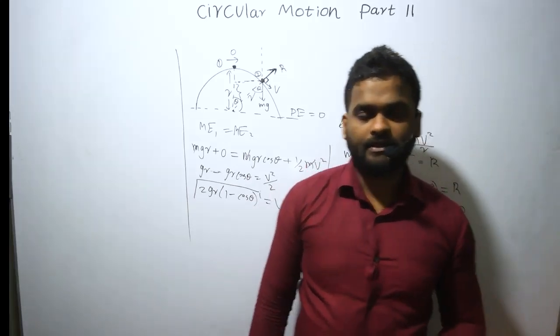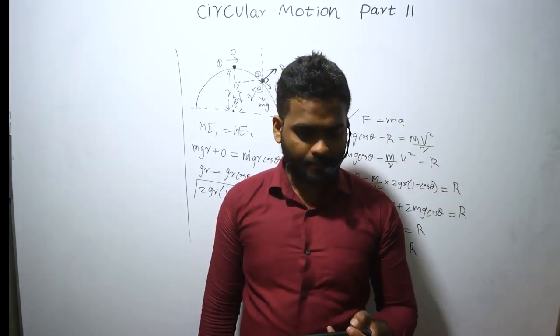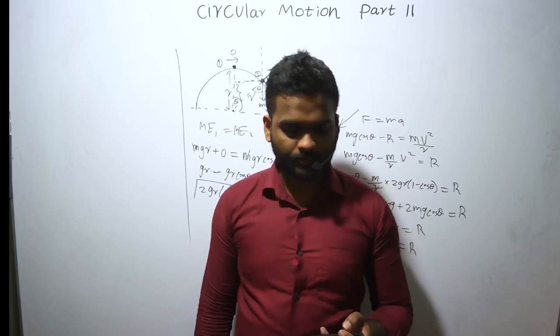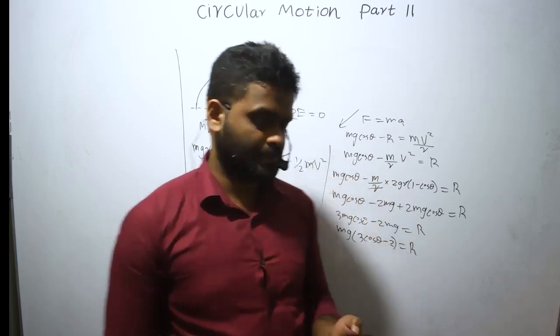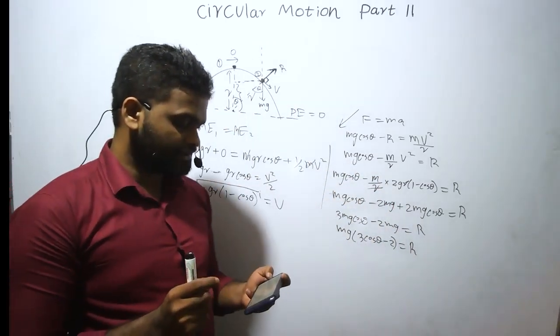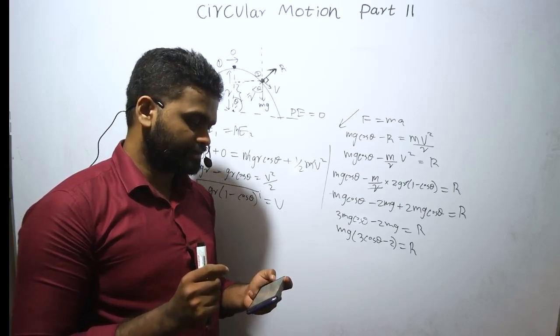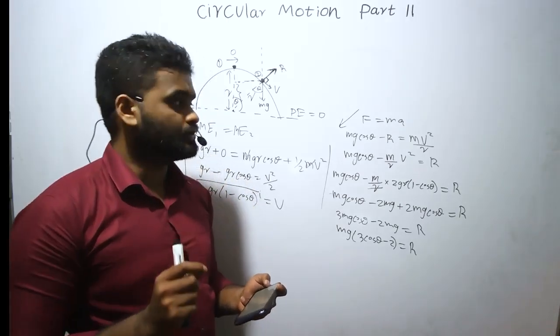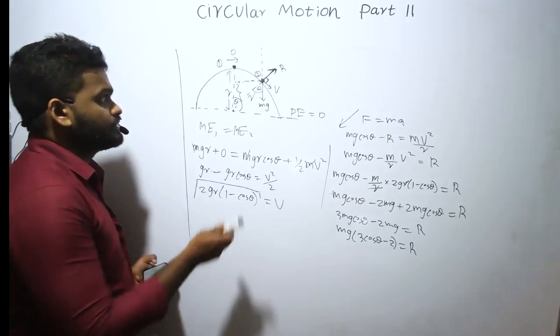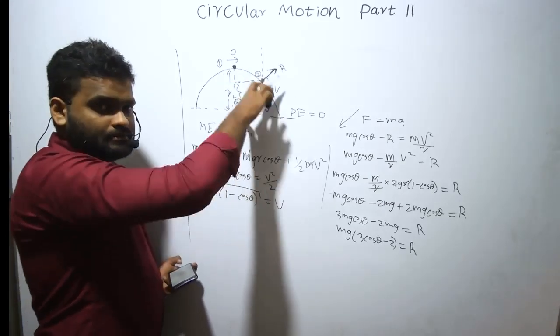Right, 14th question. A particle placed at the top of a smooth hemisphere is released. Find the angular displacement theta of the particle when the contact of the particle with the surface of the hemisphere is lost. So it is similar to the previous question.